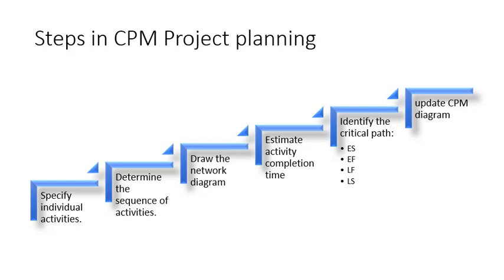As we've seen in the previous lessons, there are certain changes occurring in the working conditions or in the project planning itself. So as and when the changes occur, we need to update our CPM diagram accordingly, right? So these are certain steps in CPM project planning.